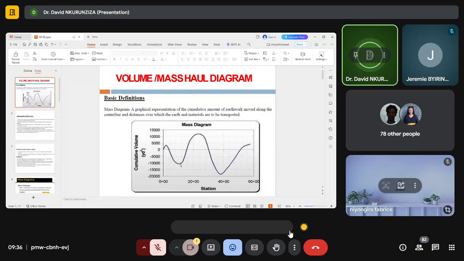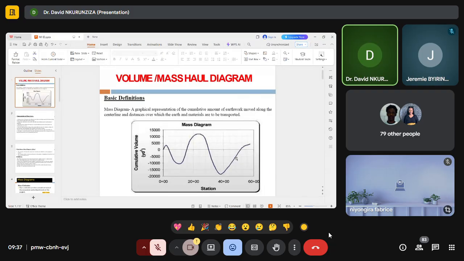From P2, the cutting starts again. We are cutting till here. When we reach here, we are changing again. So these points of zero slope represent where the roadway goes from cut to fill or from fill to cut.